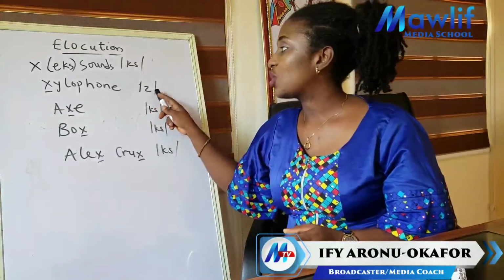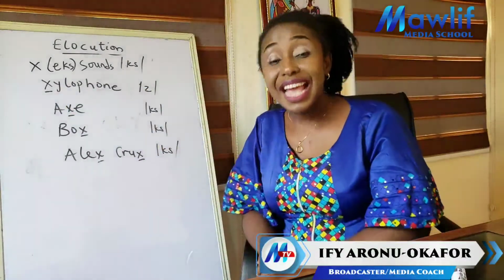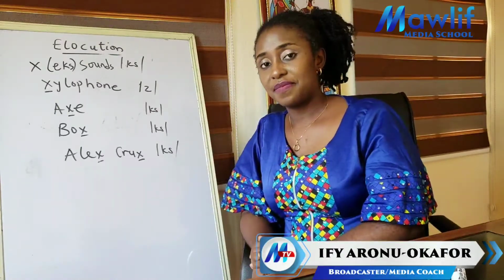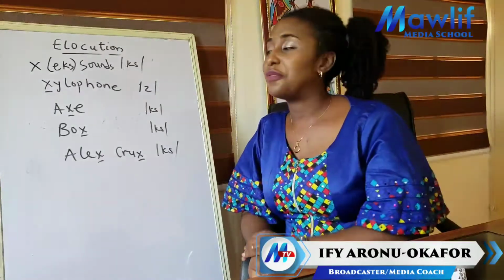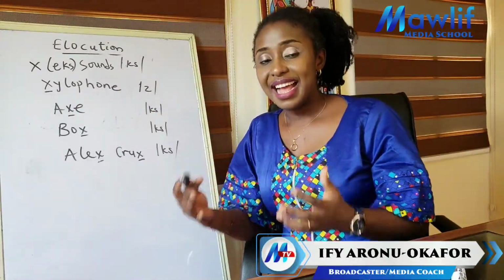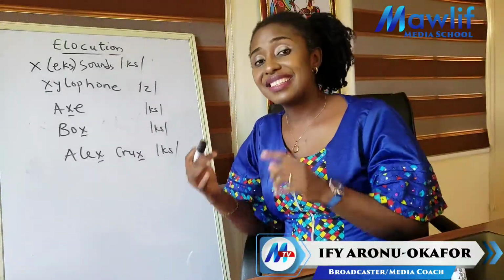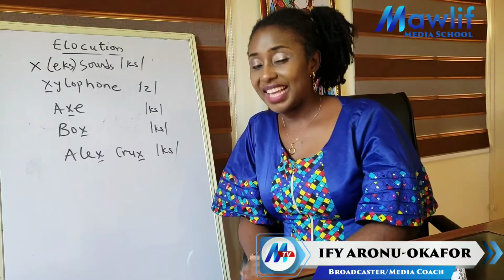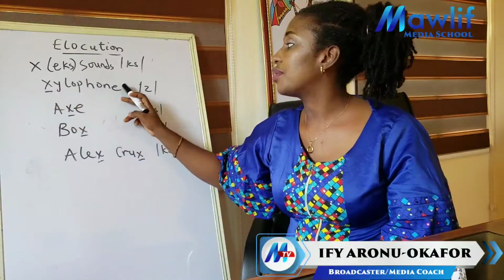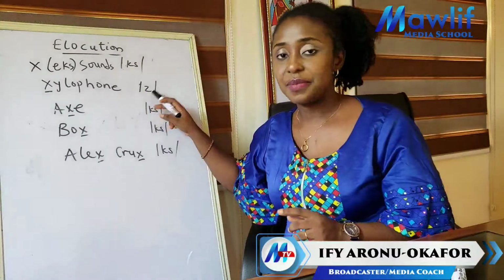And that is why we have it here, that the sound of X in xylophone is not Ks. It takes on the sound Z. In the initial position, usually you find the letter X taking the sound Z. So take note of all those things. That's why we say xylophone. So the sound of X in this sense, which is what I underlined, is Z.